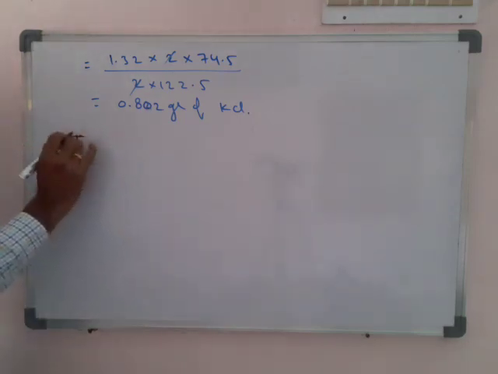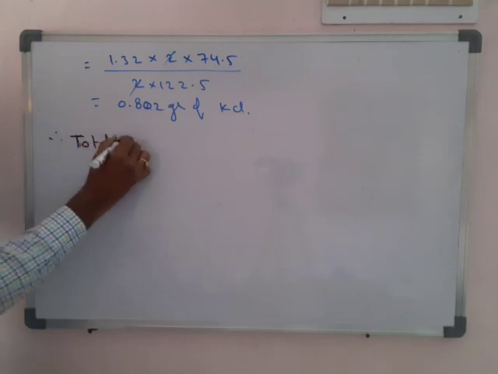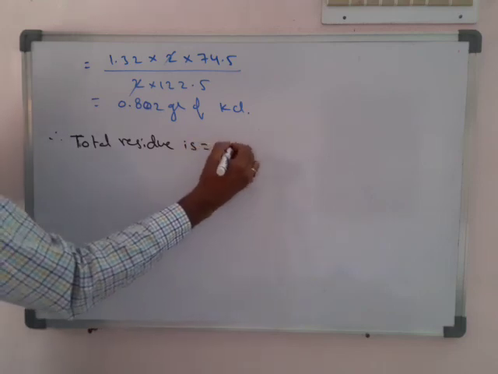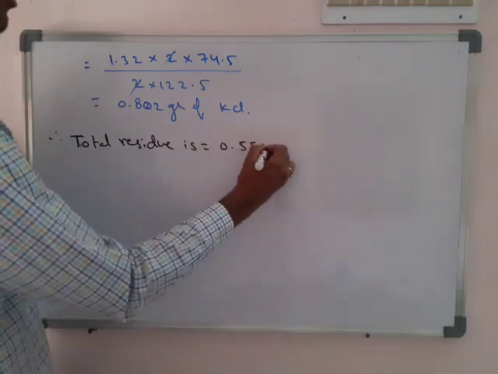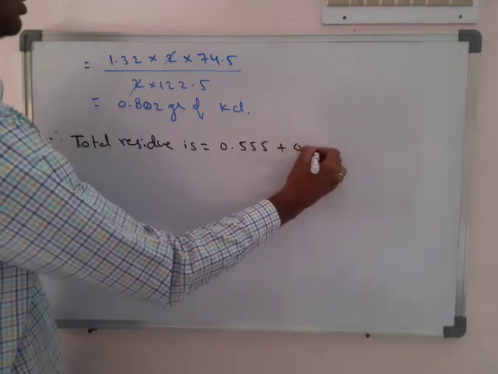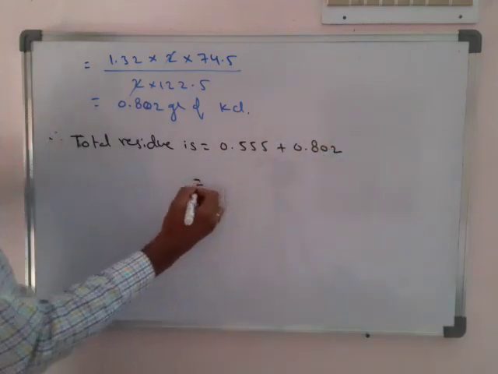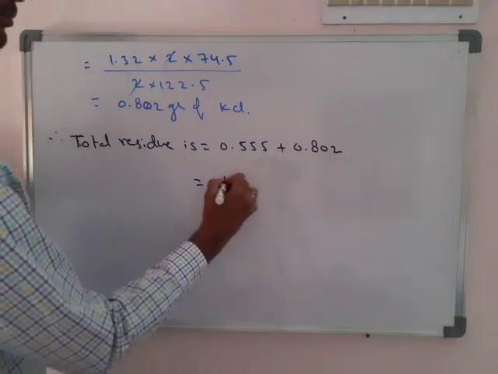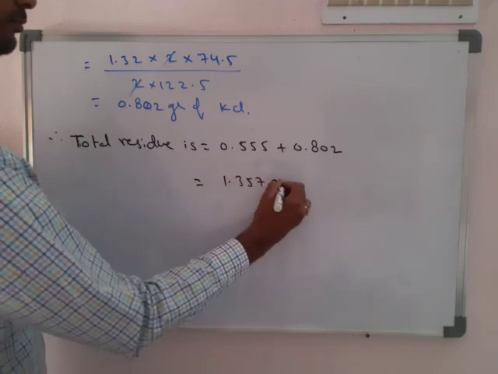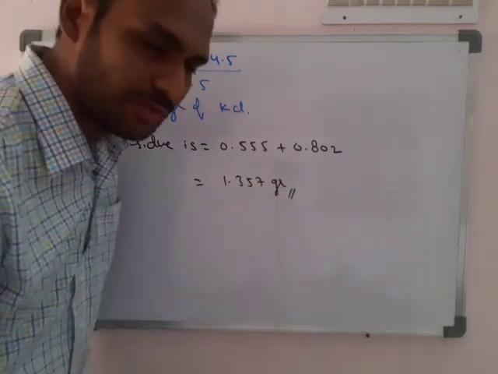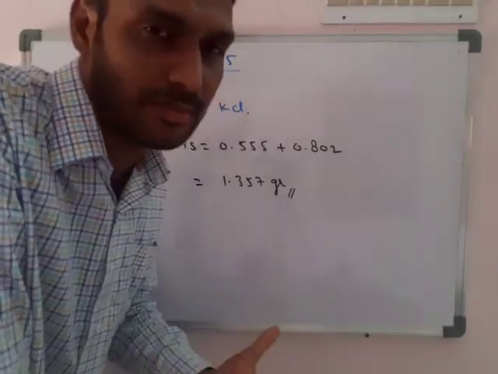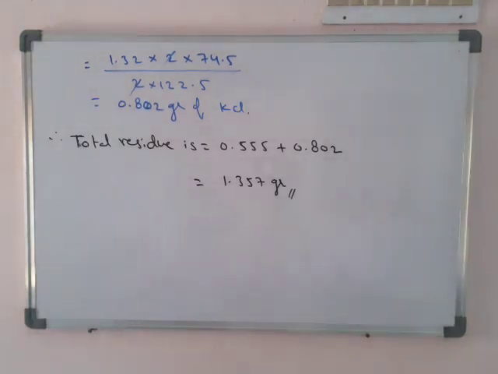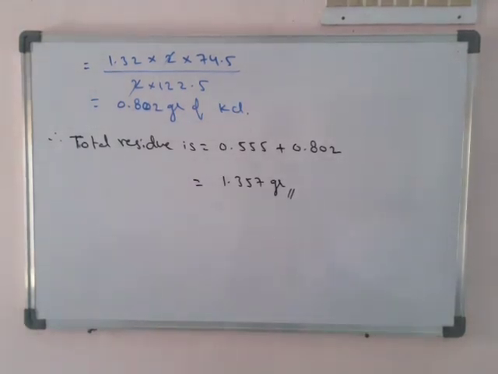Therefore, total residue is 0.555 of sodium carbonate plus 0.802. So finally, the total residue of the mixture is 1.357 grams. These appear to be very simple problems, but we have to practice many times.